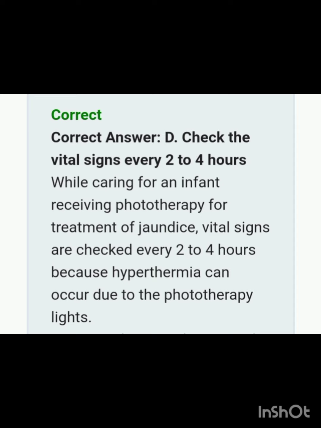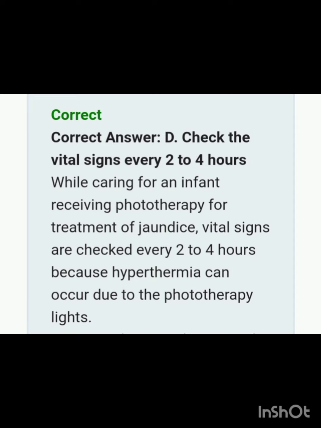While caring for an infant receiving phototherapy for treatment of jaundice, for the purpose of jaundice we give phototherapy, blue light, blue rays that dissolve the bilirubin, the bile pigmentation. Checking vital signs is very important during this period because there is a chance of developing hyperthermia, because the baby is continuously under the phototherapy light.